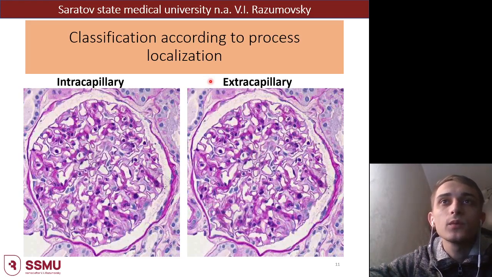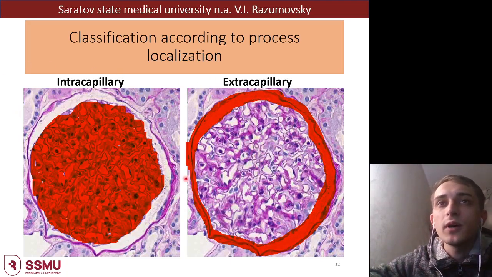On this slide, we may see classification of glomerulonephritis according to localization of the process. Here we see healthy glomeruli, and according to classification, glomerulonephritis divides into intracapillary and extracapillary.